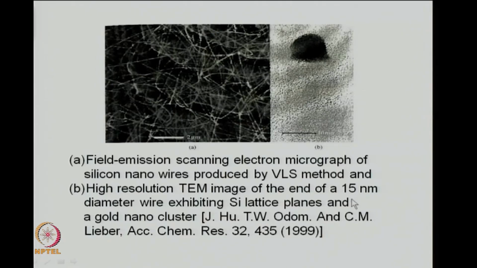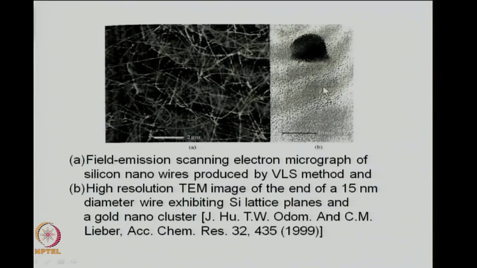So it is around 15 nanometers, and the reason it is 15 nanometers is, if you look closely at one of the rods, you will find at the tip of the rod this liquid droplet. This is the liquid droplet of the gold silicon alloy, which is on top of this single silicon nanorod, and the diameter of the droplet is around 15 nanometers, because the scale here, as you see, is 10 nanometers.